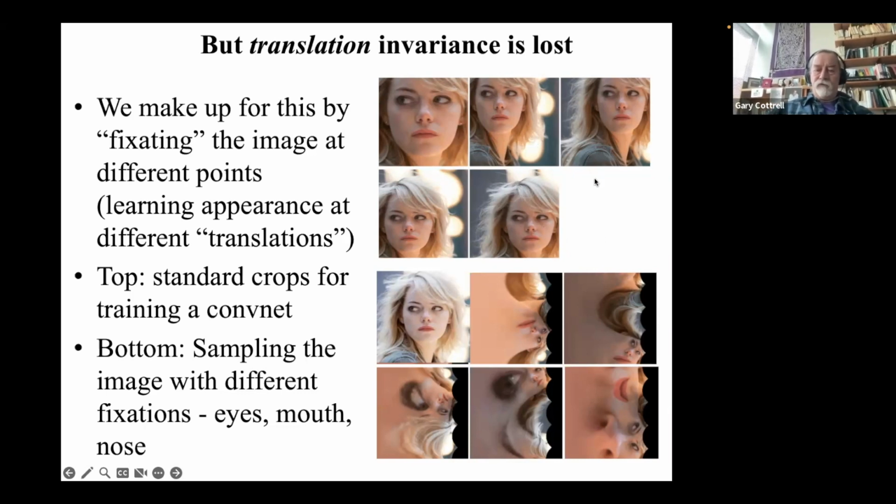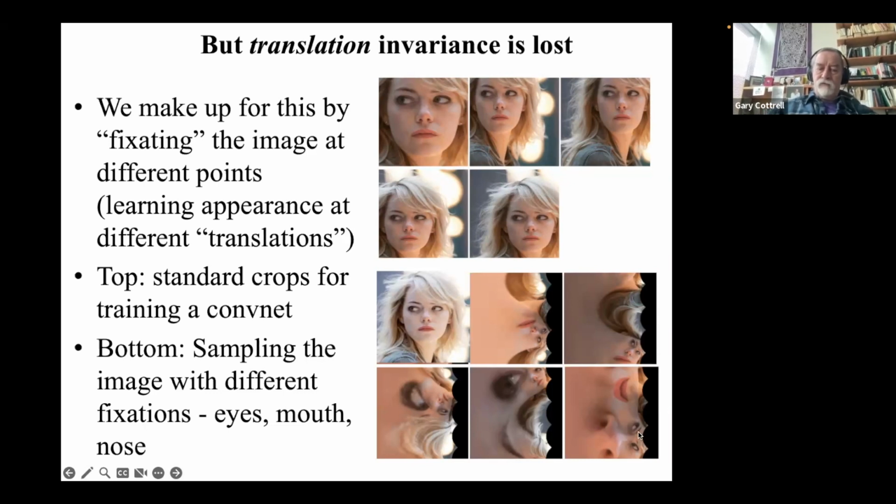Of course, there's other augmentations that are used, but here's the same image, and here it's focusing on the mouth. I think this is between her forehead, this is one eye, this is the other eye, and this is her nose.